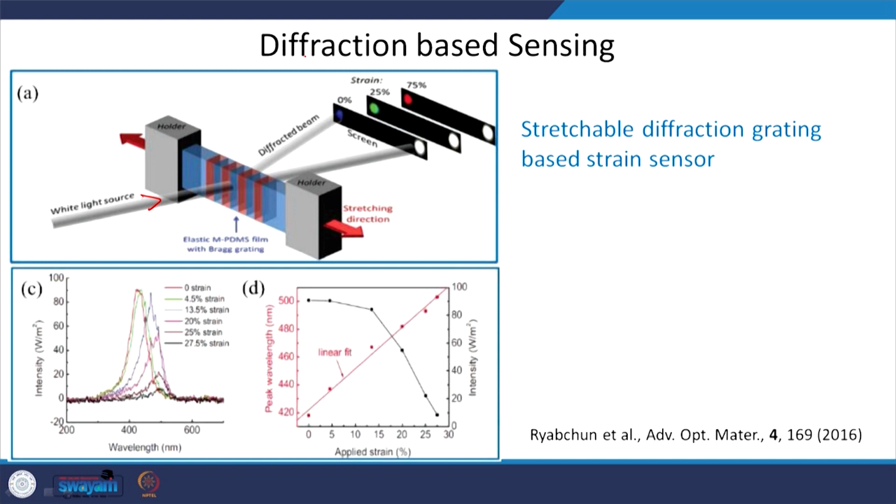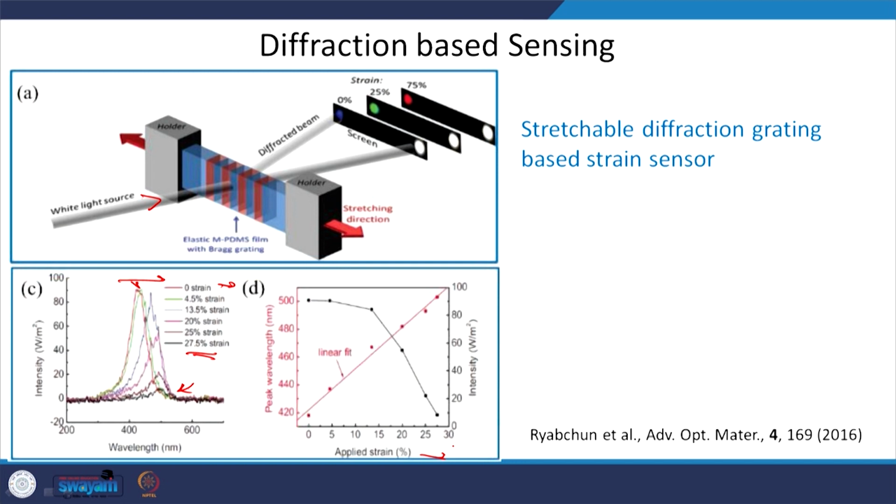So, what you can see here is that with 0 strain you see the red curve, and then with 27.5% strain it shows this curve, the black one. So, it continuously shows a red shift and also a decrease in power, that you can see here, that as a function of applied strain, the peak wavelength, the red one, shows an increase, while the black one shows the decrease in intensity. So, if you know lambda, you can have d.